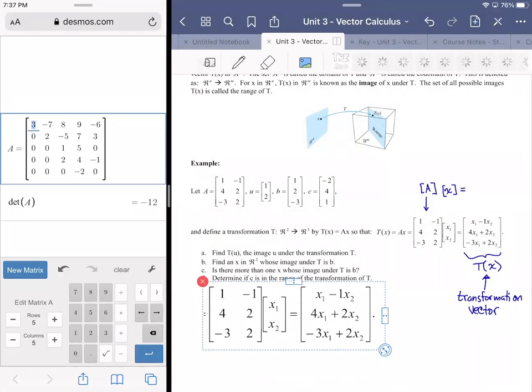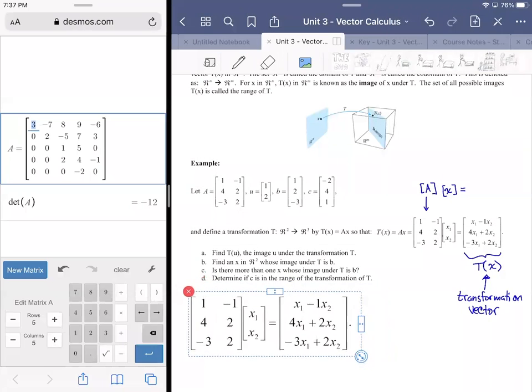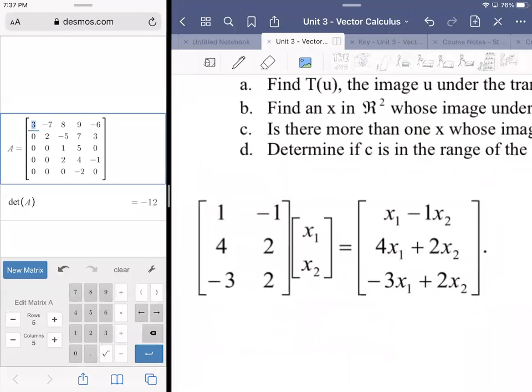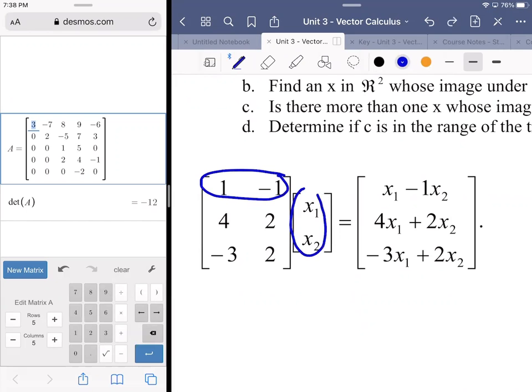All right, so what we're doing is we're taking each row and multiplying it by the column vector.